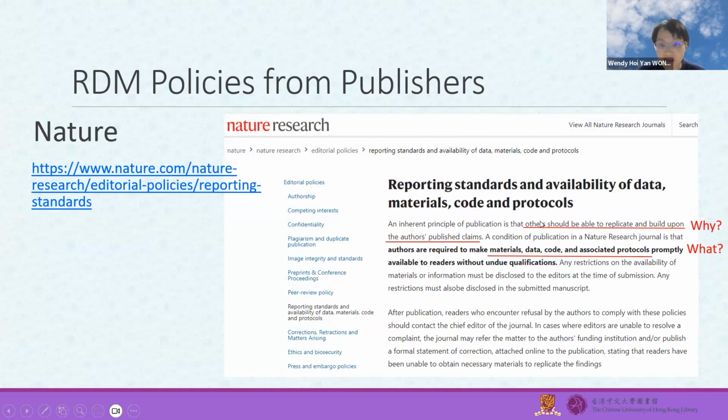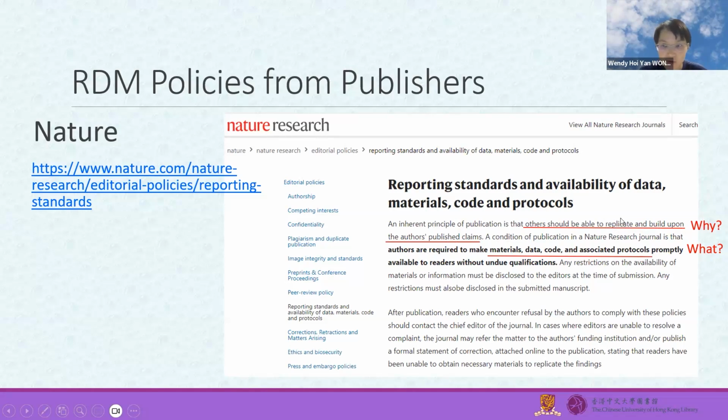They state why someone else has to have good data management practice. Because it allows others to replicate and reproduce your research, and further build on the claims in your research article.